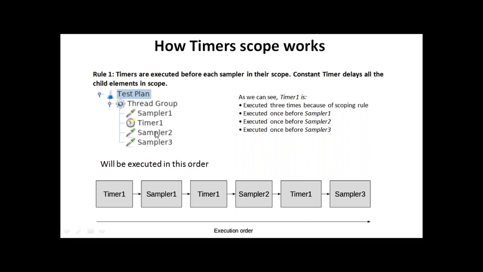The timer will be executed first before each sampler. So even though the timer is added once, it will be executed 3 times because the scope is on the thread group level and it is applicable to all the samplers. That's what you see: timers are executed before each sampler in their scope. So as per the scope here, it will be executed for all 3 of them.